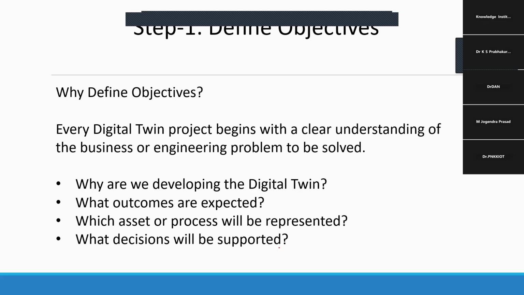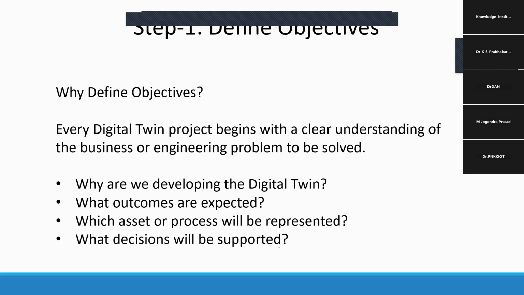Maybe I can explain with an example. We'll take a CNC machine again. I hope all of you know about the CNC machine. Suppose the manufacturing company frequently experiences tool failure and unexpected machine stoppages. In that case, the objective should be to predict the tool wear, reduce the downtime and improve the machine quality.